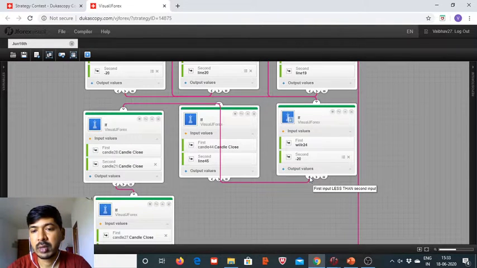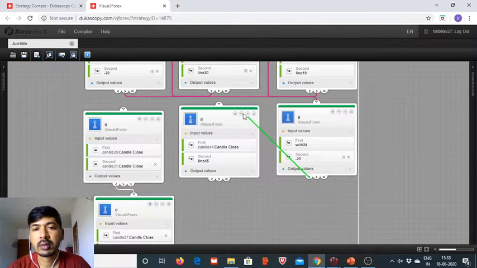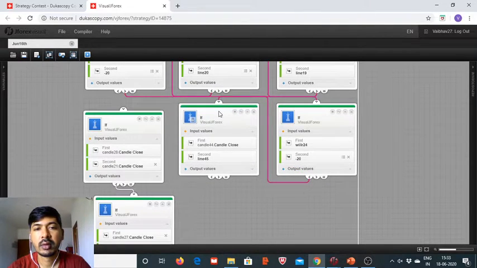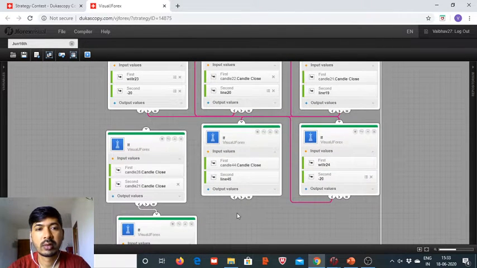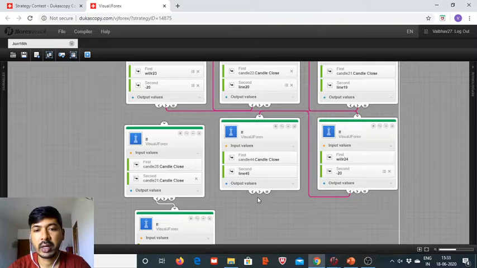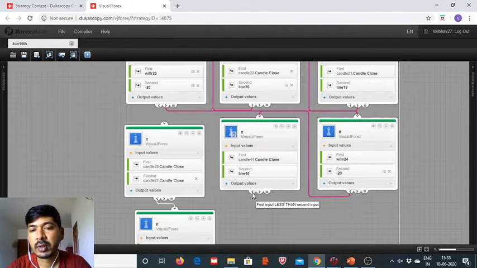So here Williams R24 should be less than minus 20. So that condition remains. Williams R24 is less than minus 20. And the candle close of candle 44 should be below line 45.